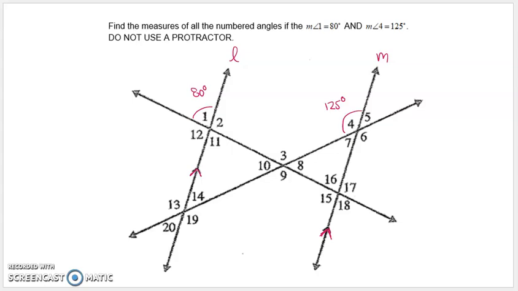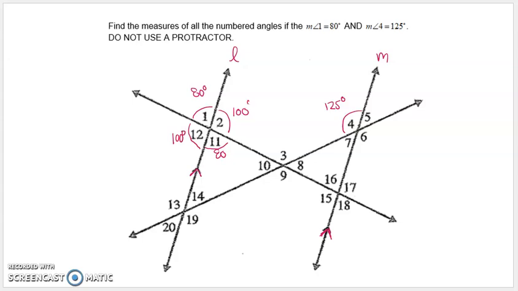So if angle 1 is 80, the measure of angle 2 is 100 degrees. Angles 1 and 11 are vertical angles. Vertical angles are congruent, so the measure of angle 11 is 80. Angles 12 and 2 are vertical angles, so the measure of angle 12 is also 100 degrees.